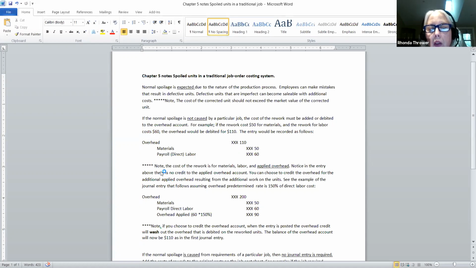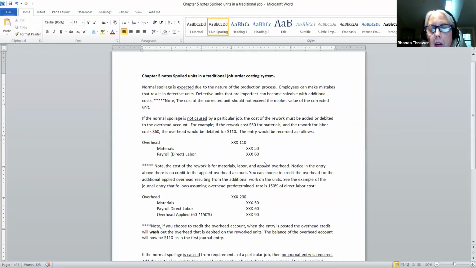And so notice I put a note here because I really wanted to emphasize this to you. Note the cost of the rework is for materials, labor, and applied overhead, even though they didn't show you any applied overhead in this journal entry.